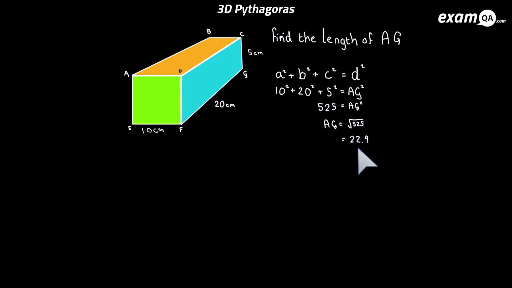So that method was a lot quicker. But remember, it only works with cuboids. So I would advise you to practice the other method, because a lot of the time you won't get a cuboid. And with the other method, just remember the first step is to get a right angle triangle which has that length you need to work out in it, and then work from there.